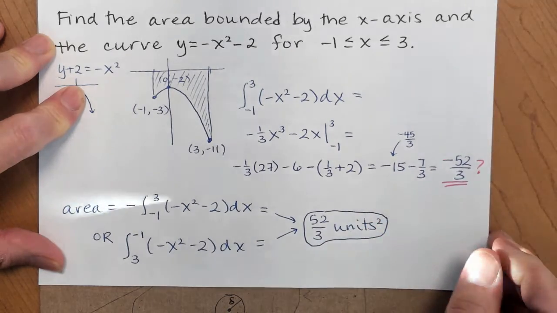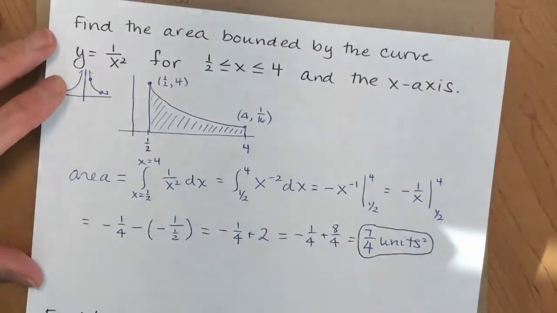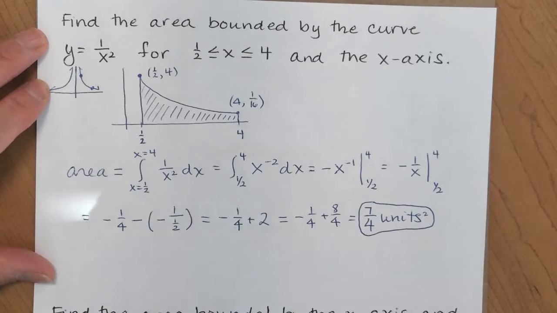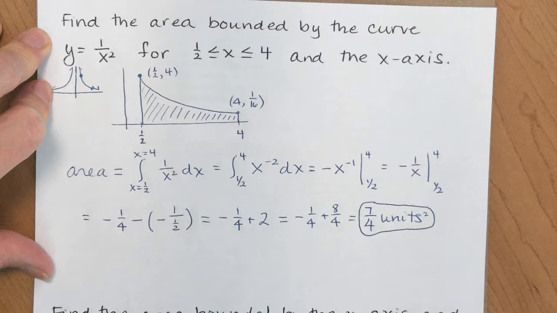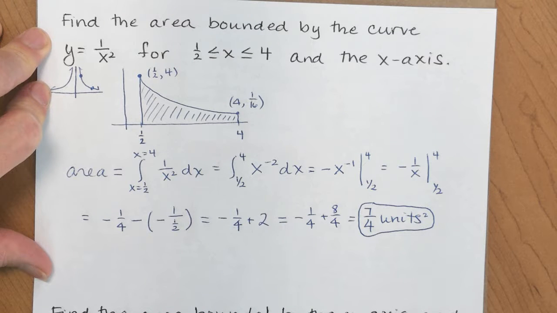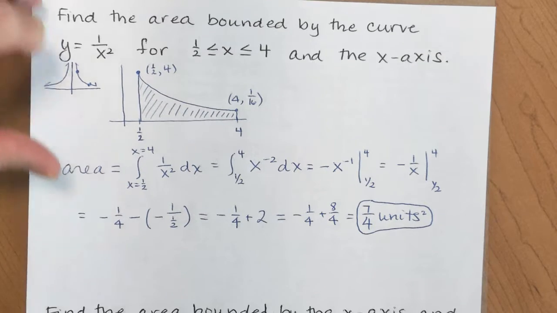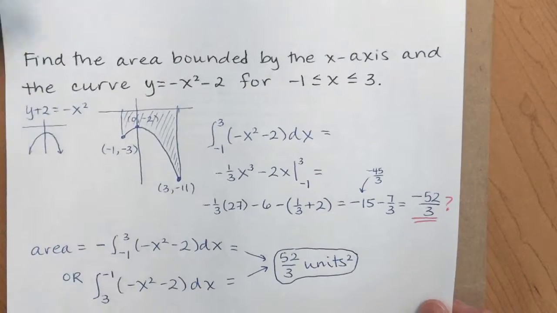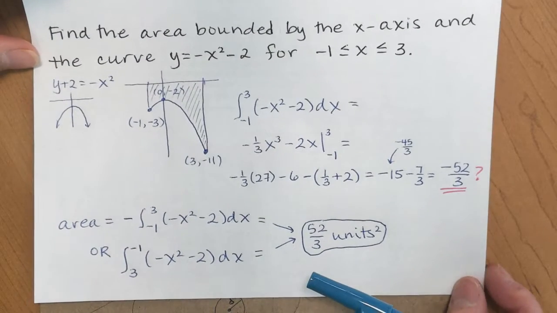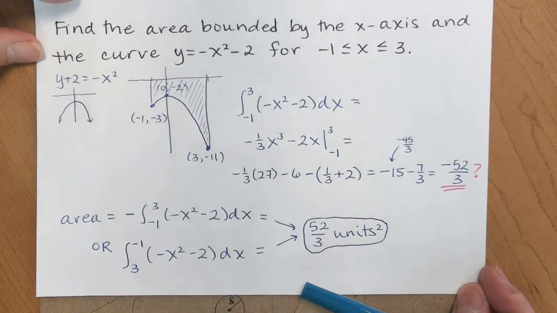So let's quickly review. In the first problem that we did, the curve was above the x-axis. So integrating over the x interval given gives the area bounded by that curve and the x-axis. In the second example, the curve is below the x-axis.